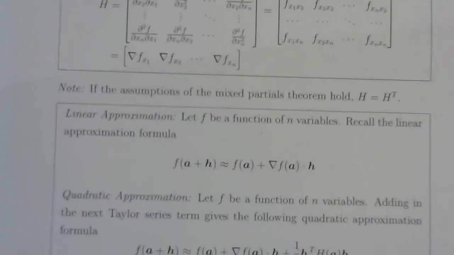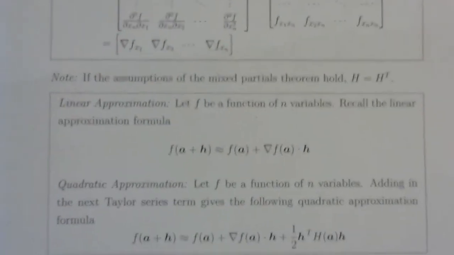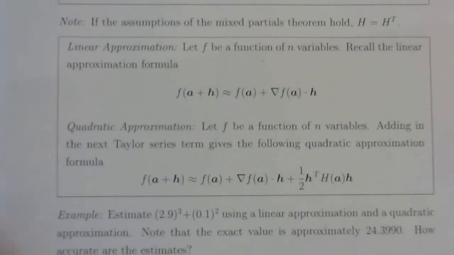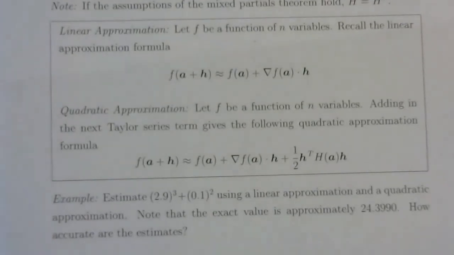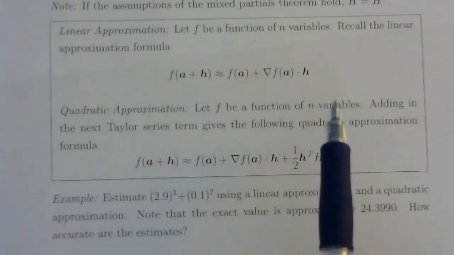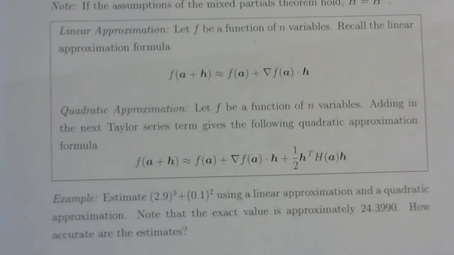Okay, let's think of a way that we can use this to do a linear approximation in line with what we do with the Taylor expansion for a scalar valued function. So if I had a function of n variables, this linear approximation for a vector valued function would look really the same as it would for a scalar valued function.